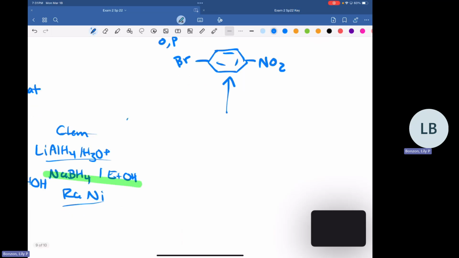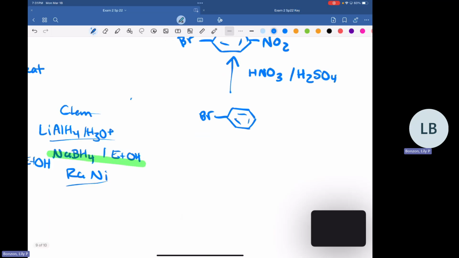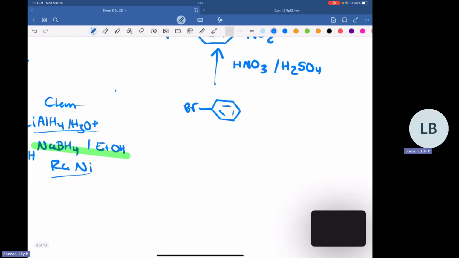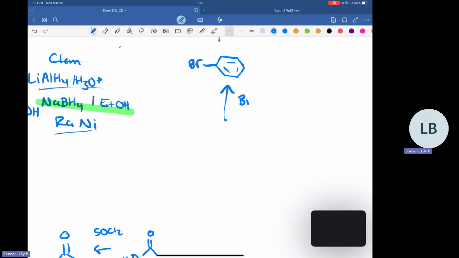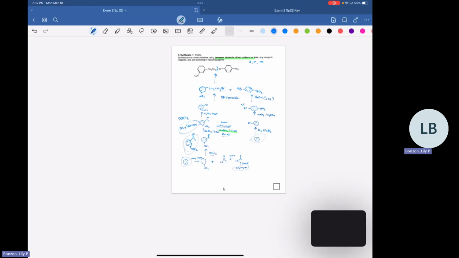So we're going to want to add the nitro group on second if you're thinking about it from the beginning. So we're going to want to start with our bromine on there and then add our nitro group to get that para position. And then from here, we just need to go back to benzene, and so we can do our Br2, FeBr3, and then we're good to go.